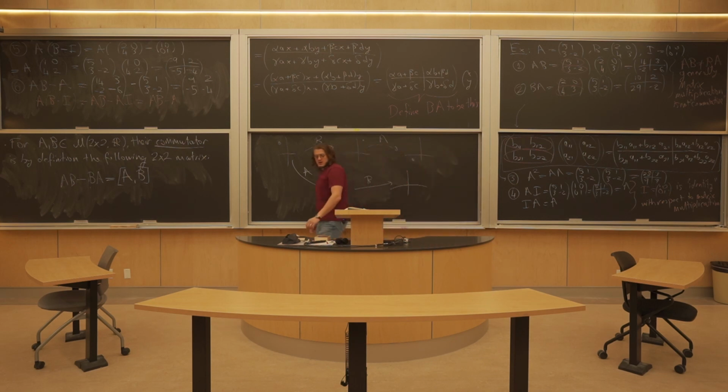Okay? Now, typically, applying B to this point is going to bring it to here, but applying A to the same point is going to bring it somewhere else, let's say here. And then next, applying B to this new point is going to bring it here. Okay?